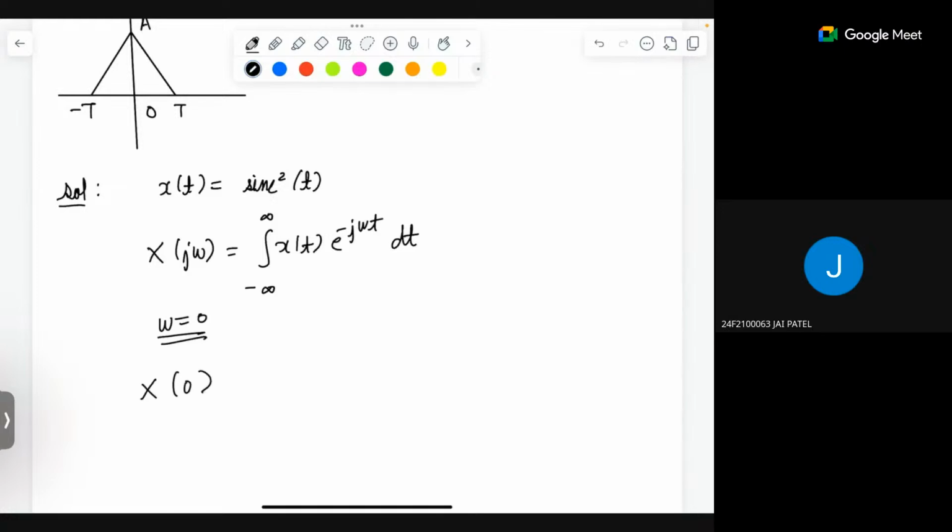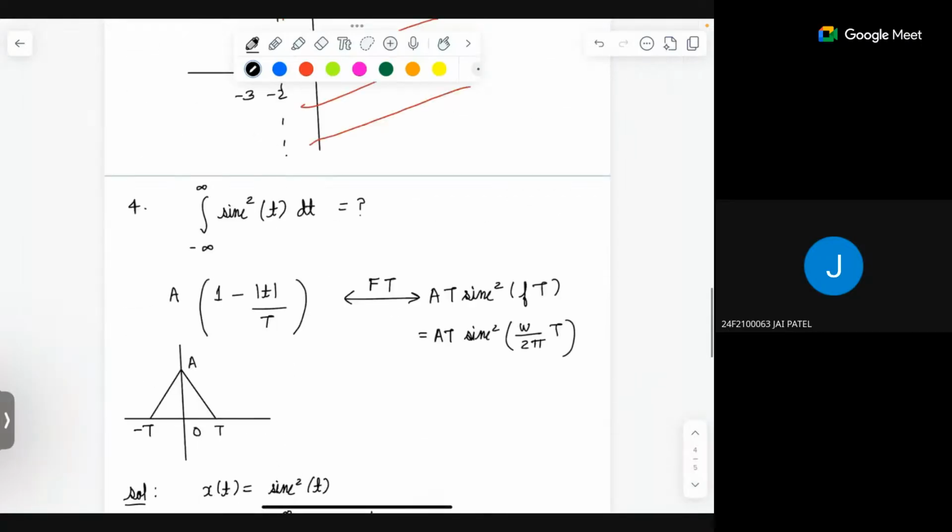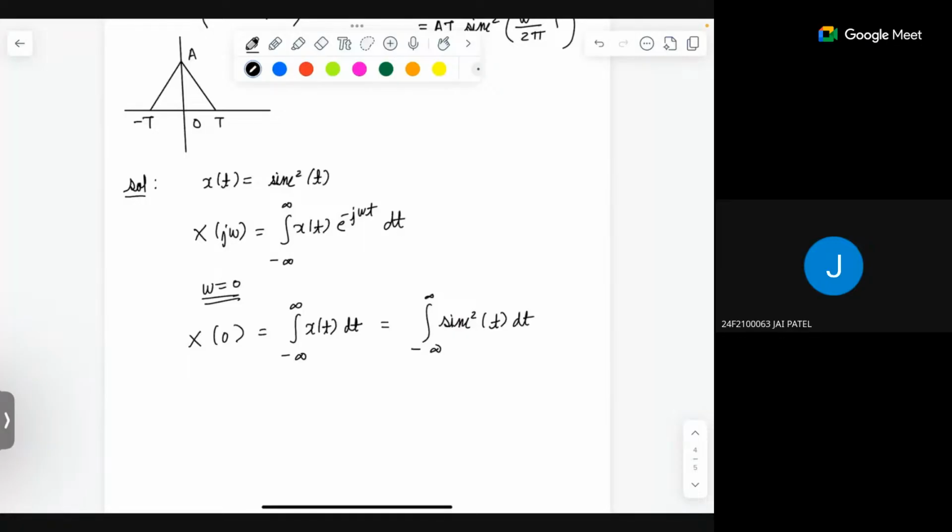So I will have capital X of 0 equal to the integration from minus infinity to infinity of x(t) dt. Is this clear? Yes, ma'am. Now my x(t) is equal to sinc square t. So if you now see the question, this is what we have to calculate: the integral of sinc square t dt from minus infinity to infinity.